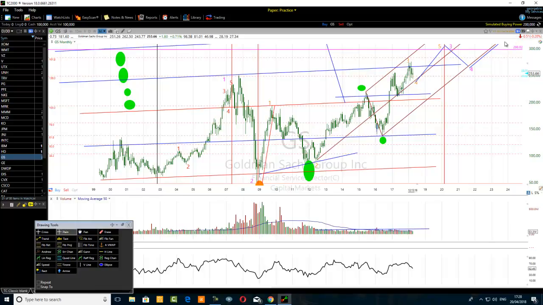That's why I didn't put it there. If the fifth wave of a higher degree is completed for Goldman Sachs, we will expect a correction. In that case, we'll use the second wave of a higher degree here, which is a flat correction, to forecast the correction that will take place at the end of the higher degree fifth wave.